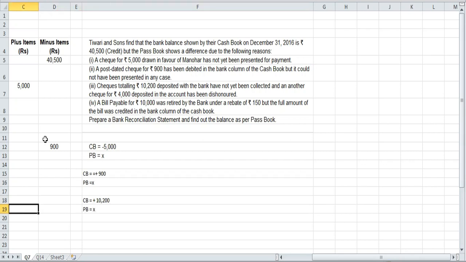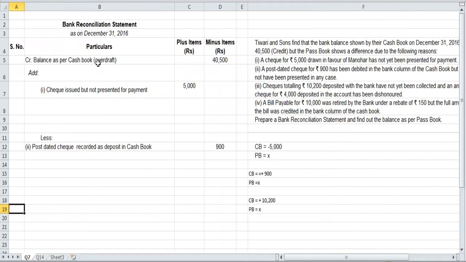Since we are starting with the cash book, we'll have to move the cash book down and bring it to the passbook, so this will be less.